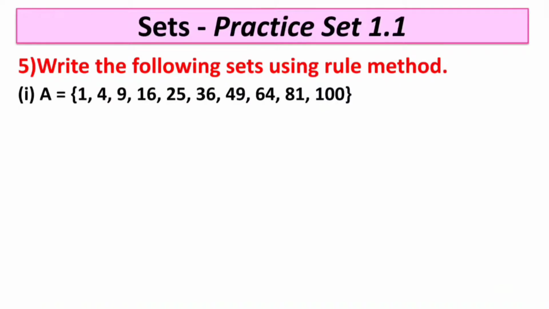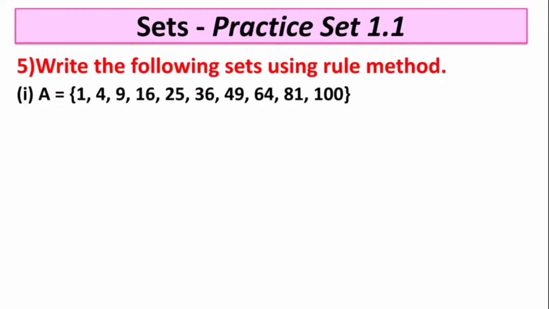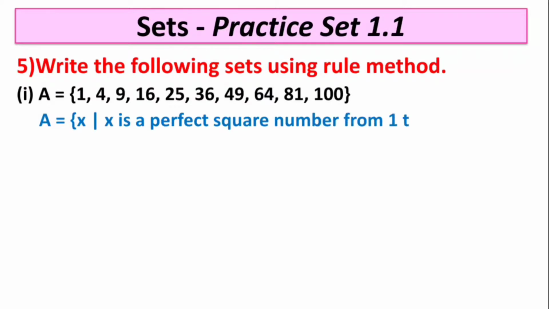First of all, observe all these numbers. These are square numbers. The first number is 1 and the last number is 100. So we can write it in rule method as A is the set of all x such that x is a perfect square number from 1 to 100.